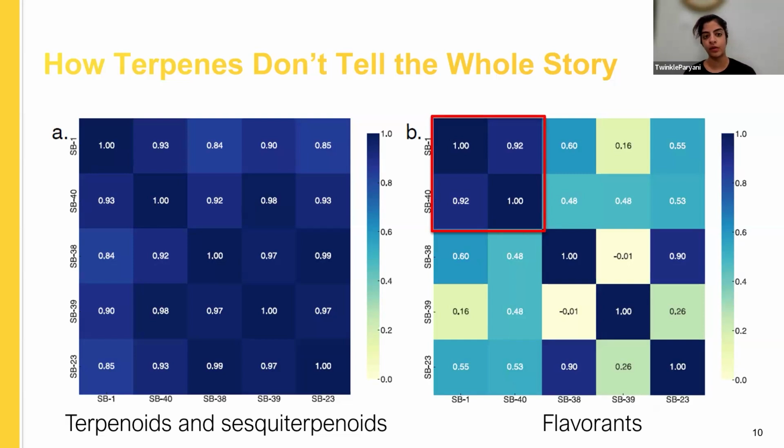The lowest correlation score is 0.84, which is still super high. So the major aromatic fraction of these 5 phenotypes looks almost identical. But we know from the aromatic data that people perceive them to be different. So the differences are not coming from these terpenes.